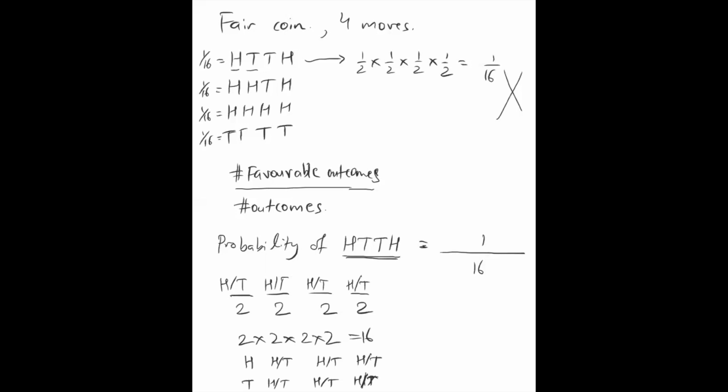Now you could do the same thing for 5 tosses. Say for 5 tosses you have H, T, H, H, and T. If you're doing it one way, you would multiply half 5 times, so that gives you 1 upon 32.